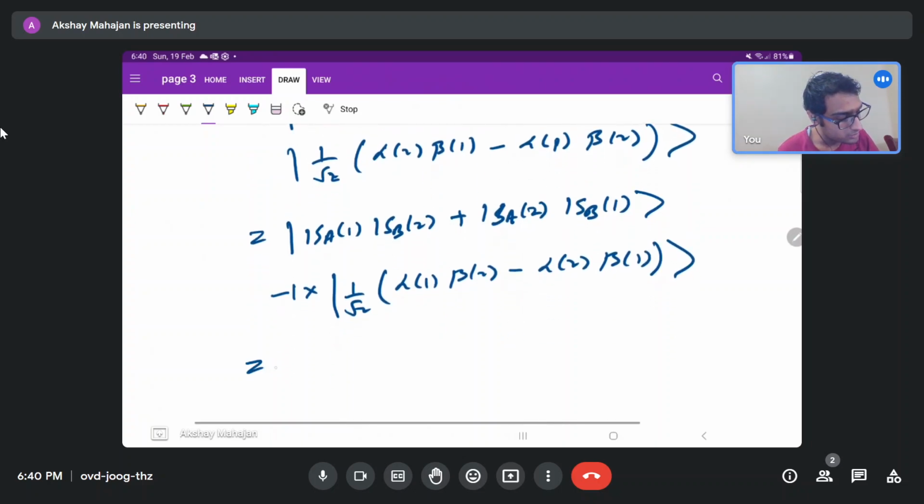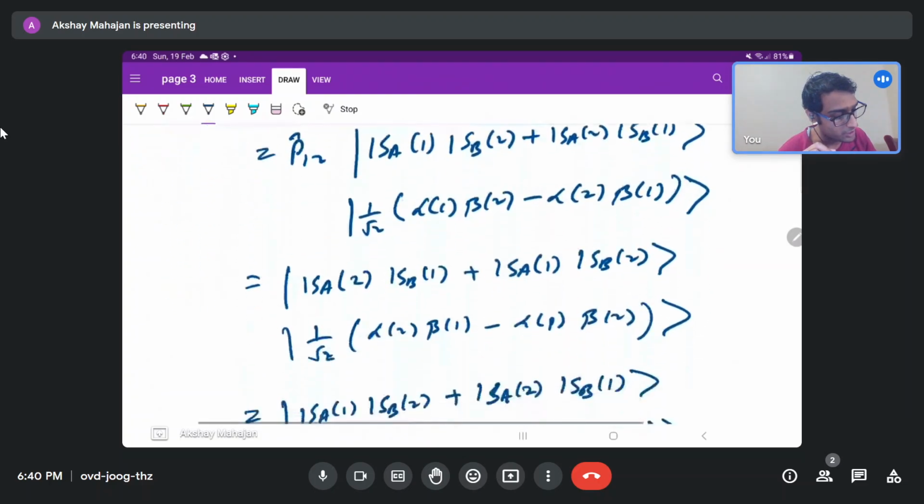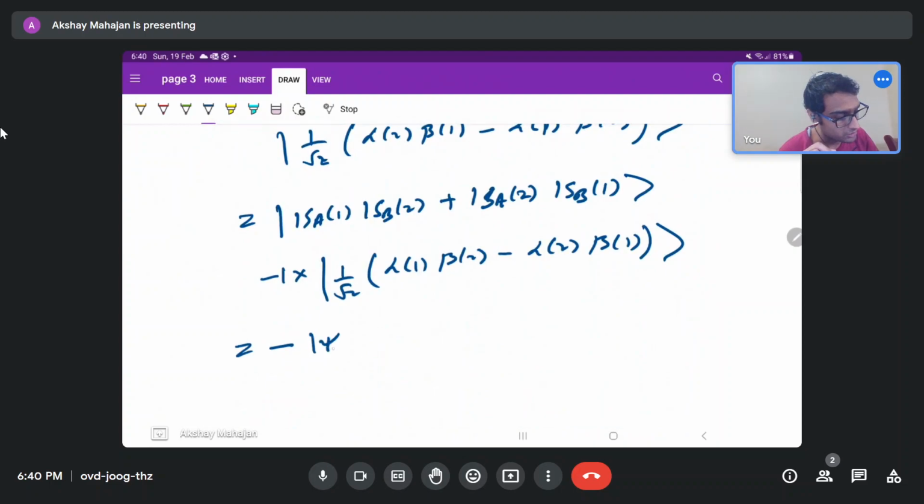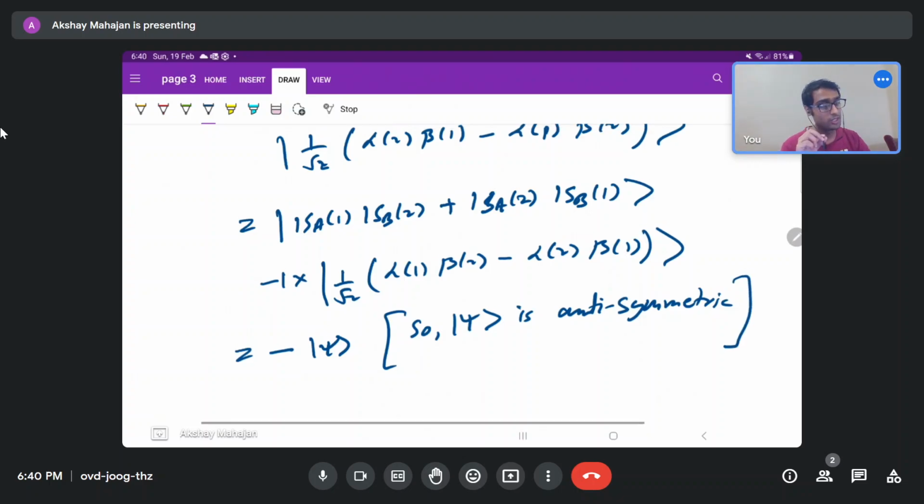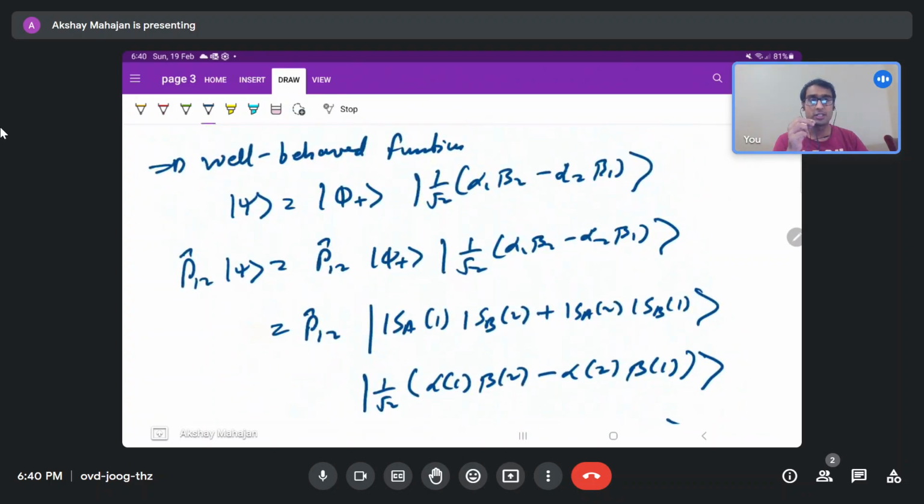Thus what we get is phi plus times minus of our spin function, basically we get a minus sign, and that's how our wave function is antisymmetric. So we have explicitly proved that the combination of these multiplications is antisymmetric.